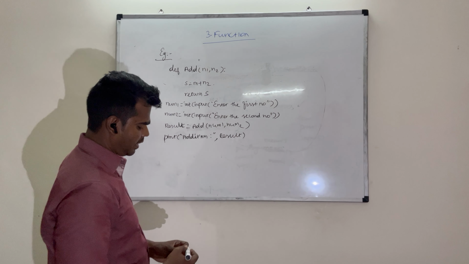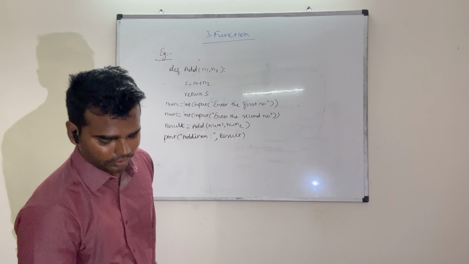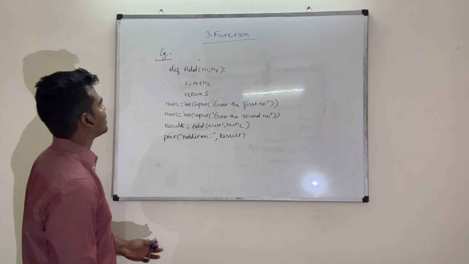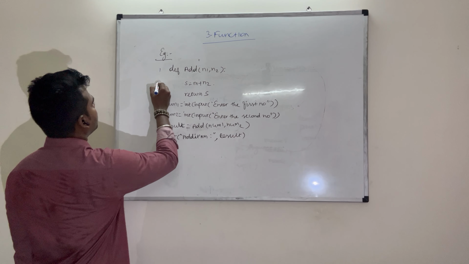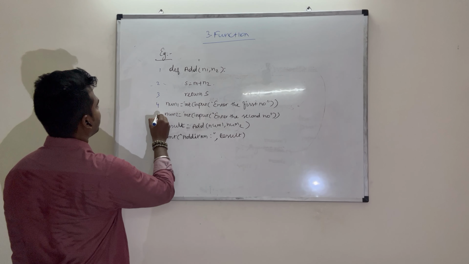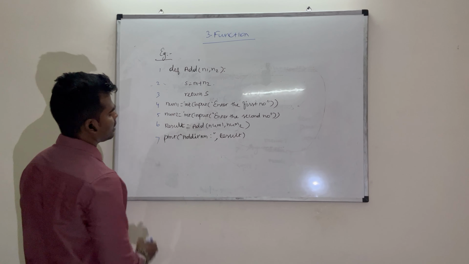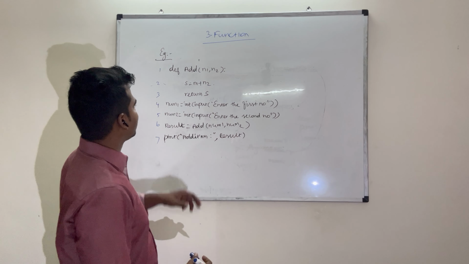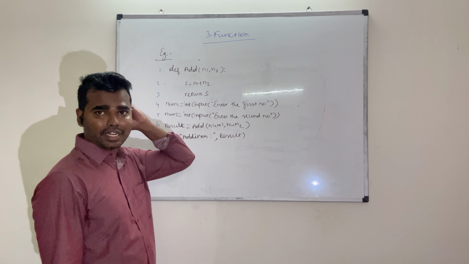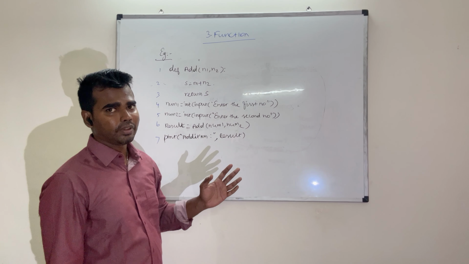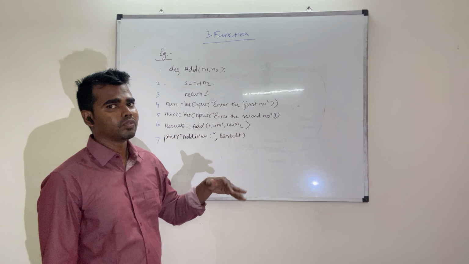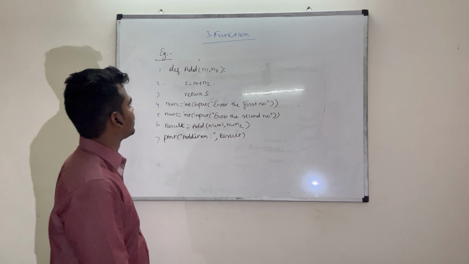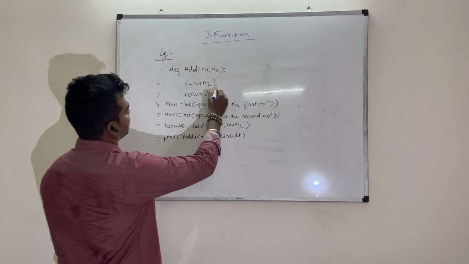So let me explain how it will execute. Let me number the lines 1, 2, 3, 4, 5, 6, 7. Once the interpreter sees the keyword def, it automatically recognizes a user-defined function, which is used for creating functions. After that, these lines will be skipped.